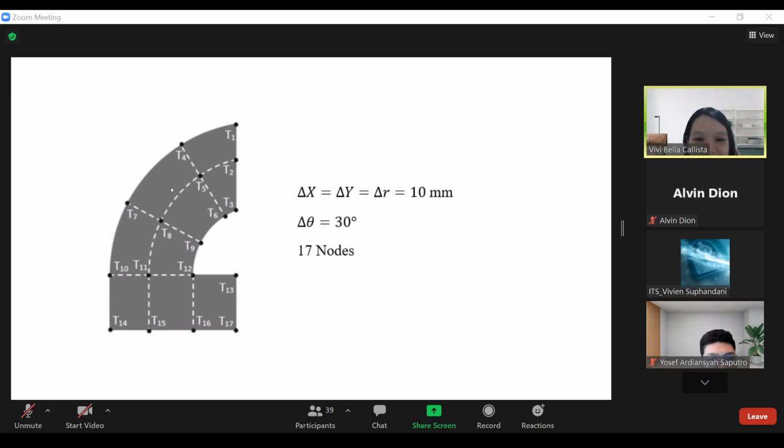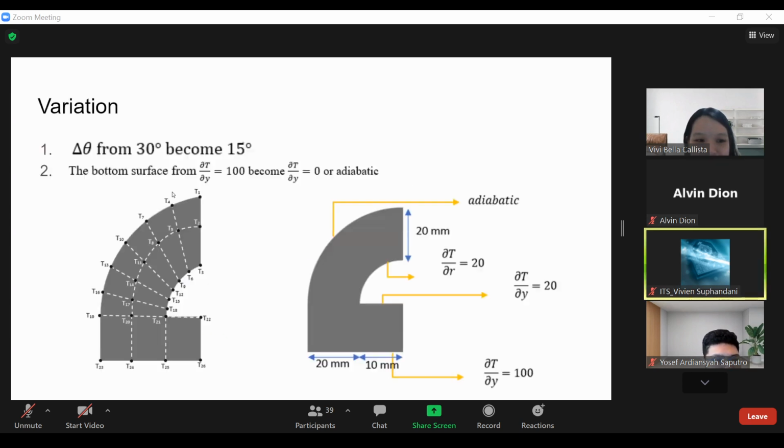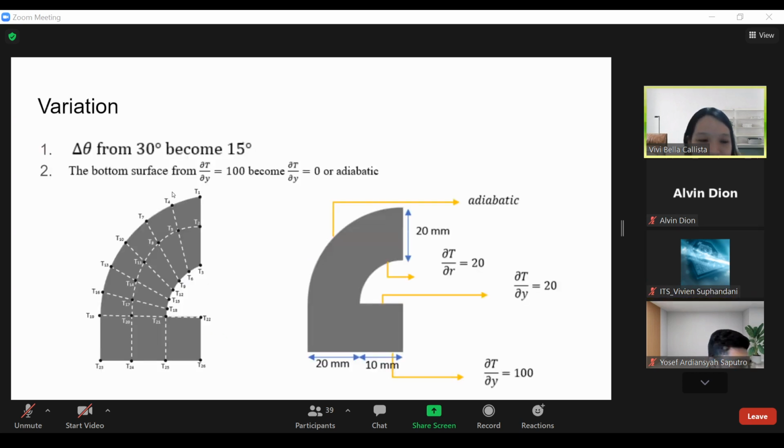Next. So in the first variation, the delta theta changed from 30 to 15. And for the second variation, the bottom surface changed from 100 to 0. So it becomes adiabatic.